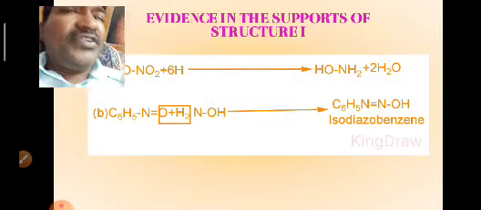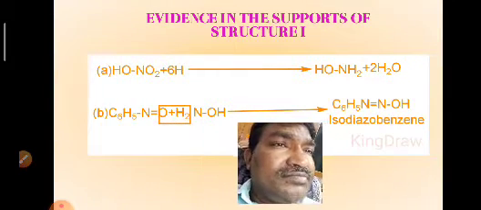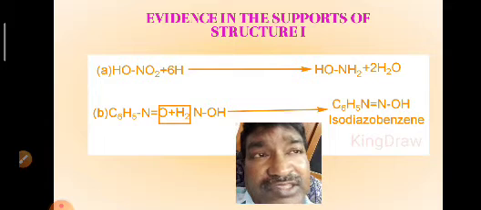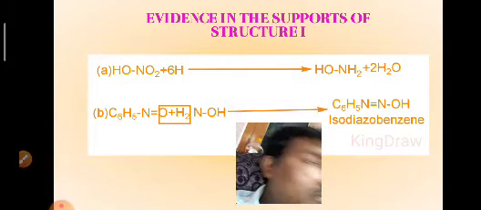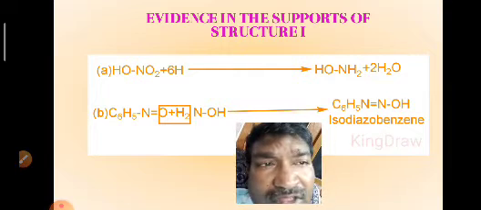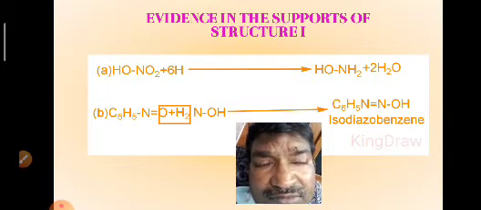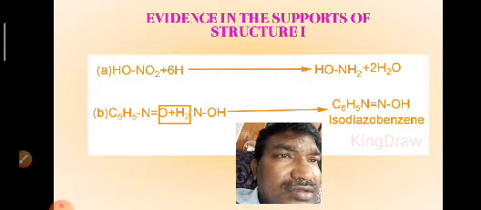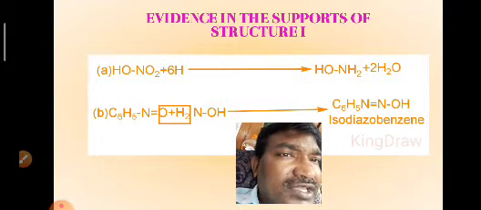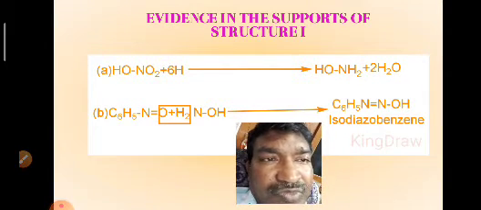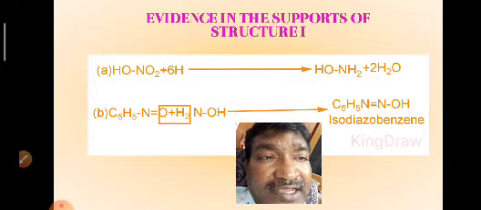Now we have some evidences in support of structure 1 as well as in support of structure 2. So for both the structures we have evidences. We can prepare hydroxylamine by the electrolytic reduction of nitric acid.